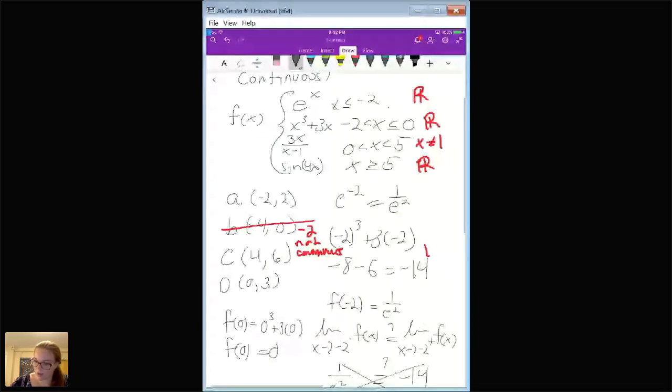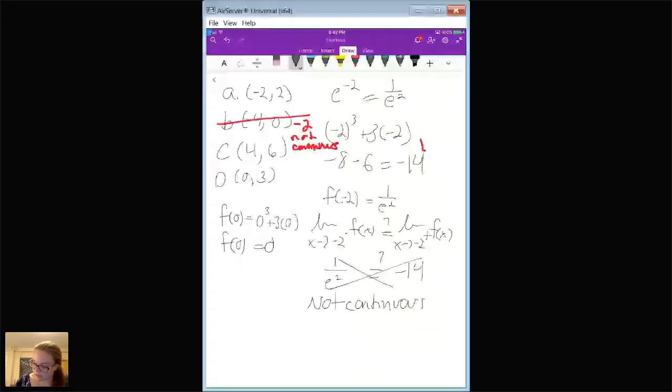Sorry, guys, I have to scroll up. I hope you have it written down so you can see the function still. We have to test now the limit as x approaches 0 from the left, and see if it's equal to the limit as x approaches 0 from the right.